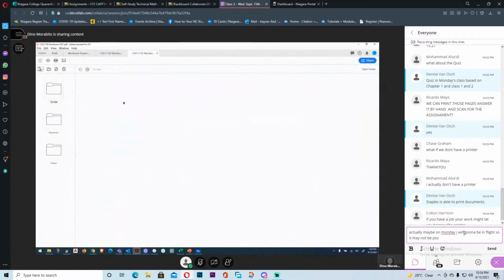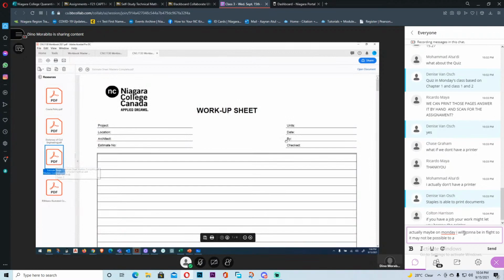Okay, this is your workbook. You have a tab here called Resources. If I double click that tab, I have a thing in here called Estimate Sheet Masters. Let's double click that. And I have a very nice page called Workup Sheet. This is perfect for doing this type of homework.